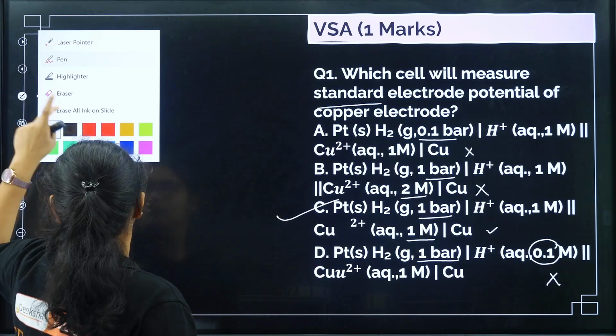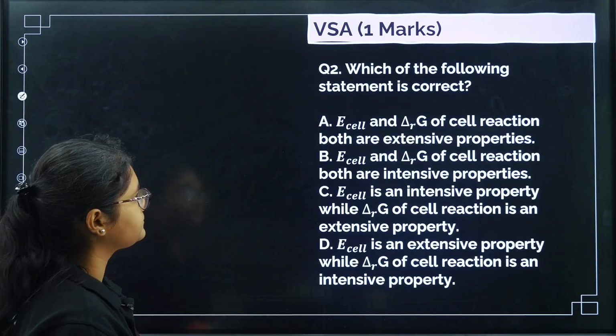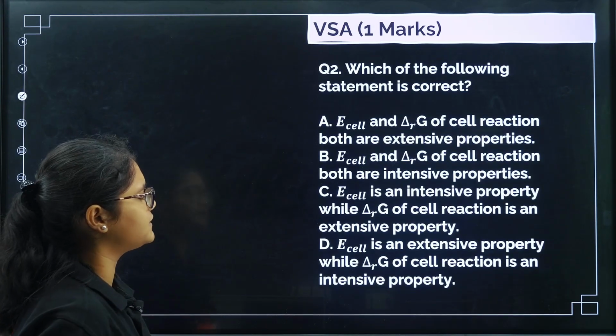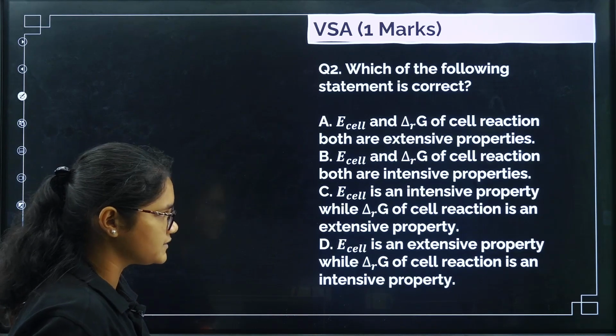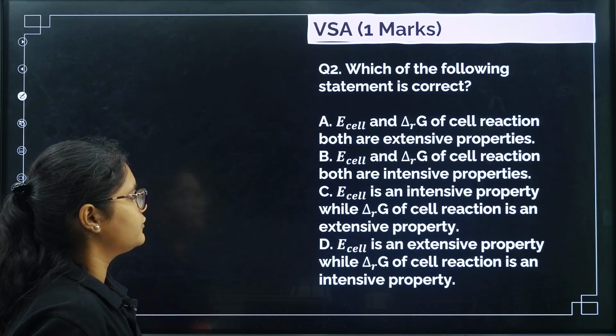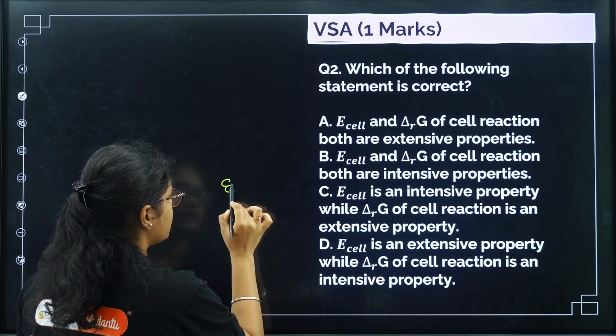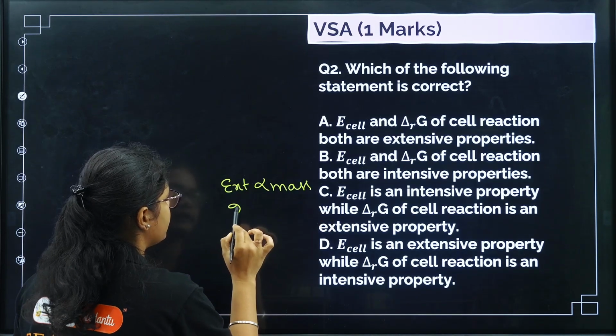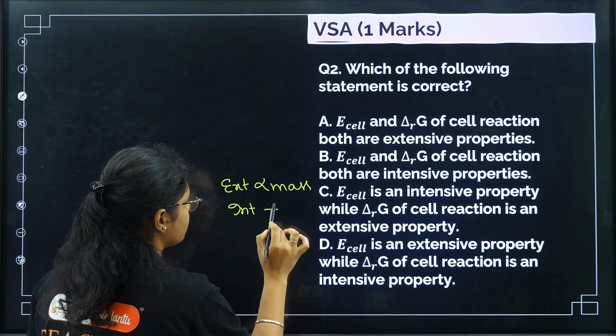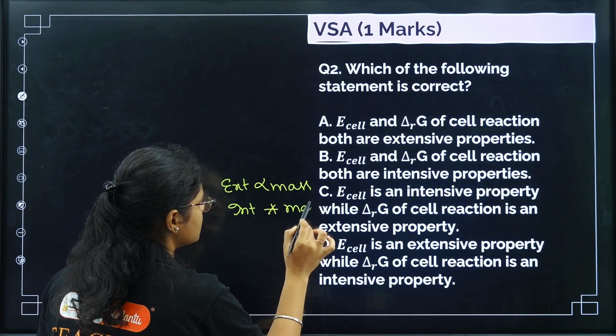Next question, which of the following statements is correct? E of the cell and delta G of the cell are both extensive properties. If you remember, what is an extensive property? It is proportional to mass or amount. An intensive property is independent of mass, it doesn't depend on the amount of substance.